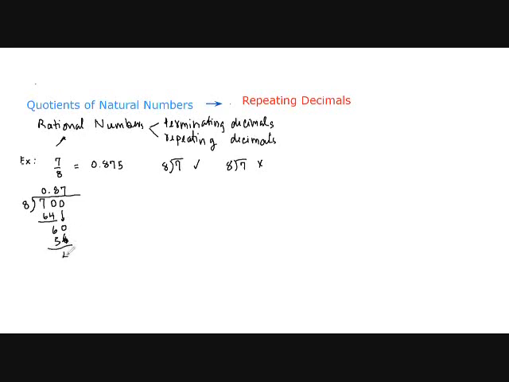Subtract it, you are left with 4. Now 4 divided by 8 is still not enough, so bring down another 0, becomes 40 divided by 8, so you have 5, right? 5 times 8 is 40. You learned this since grade 4, remember? So you see our remainder equals 0.